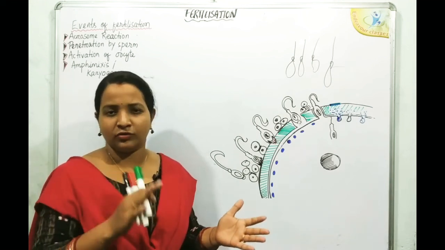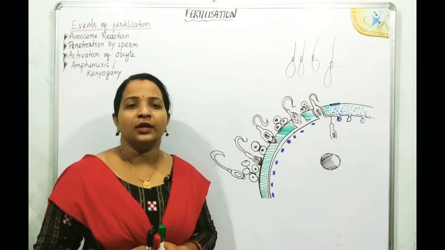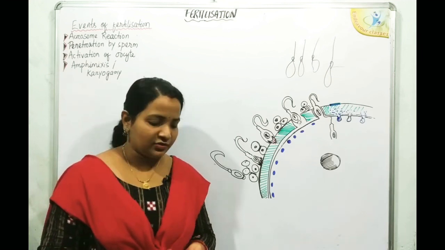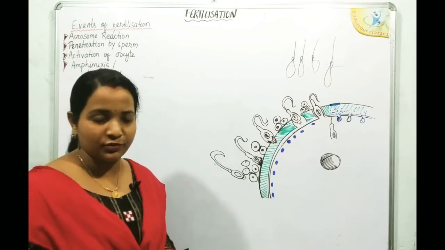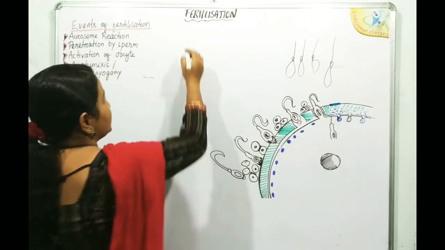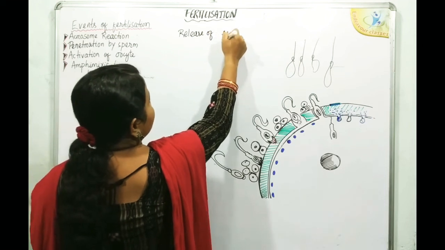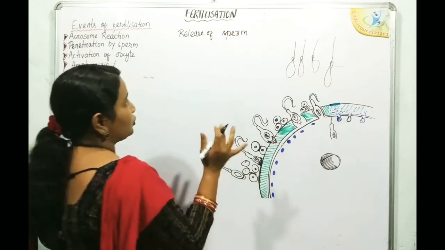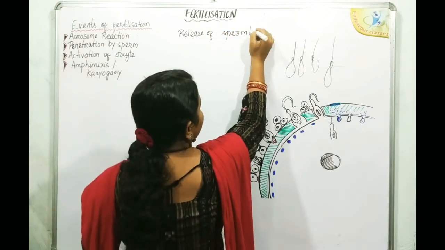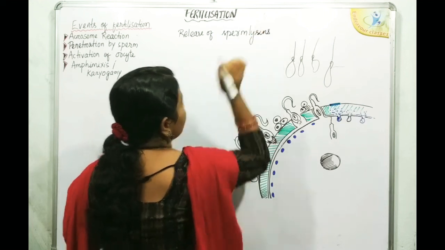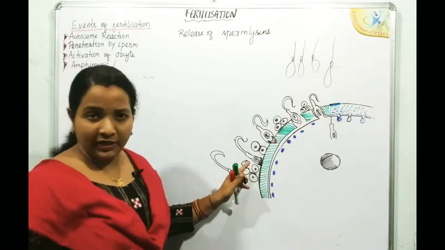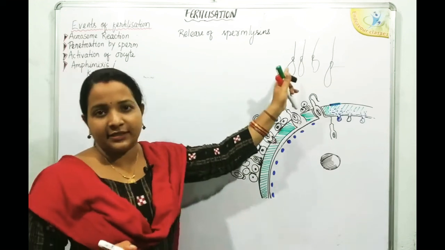The main event of the acrosome reaction is the release of different enzymes from the acrosome. They are together called sperm lysins. The enzymes the acrosome contains are called sperm lysins.